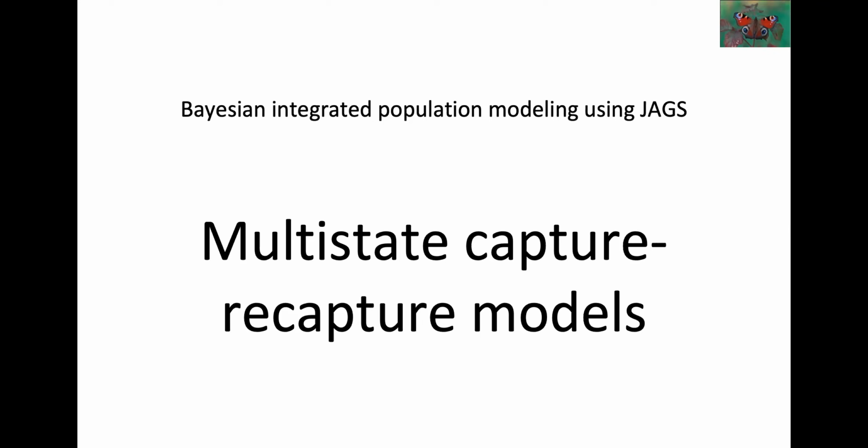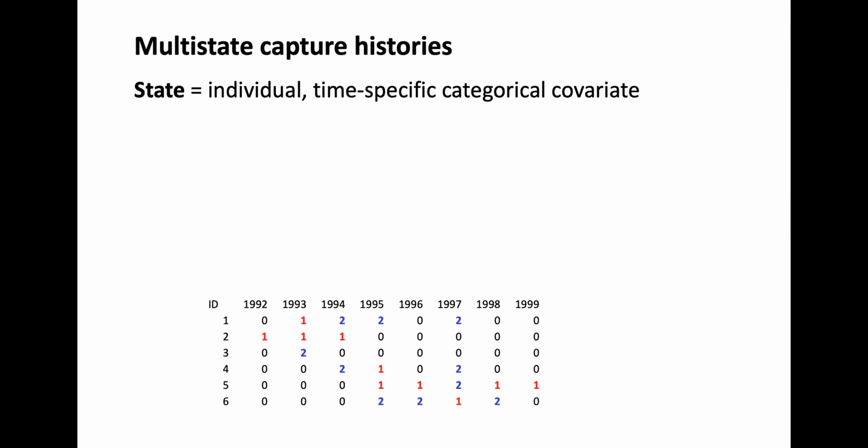Okay, so multi-state models. I mentioned already this morning, these are an extension of the Cormack-Jolly-Seber model we've seen previously. In multi-state models, we have a state that refers to an individual, time-dependent covariate, which is categorical.